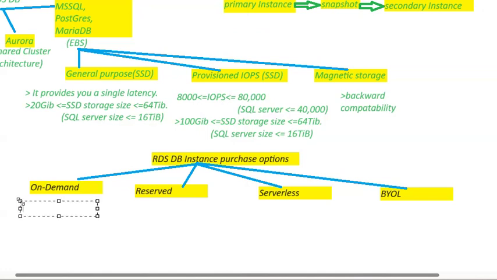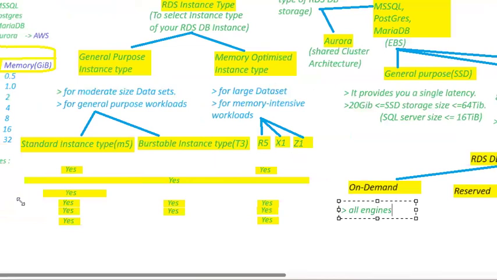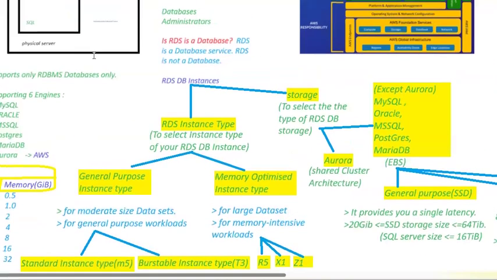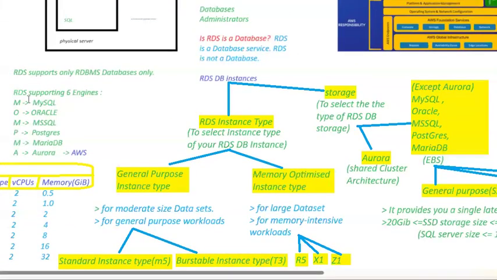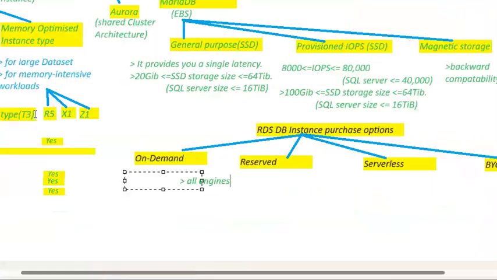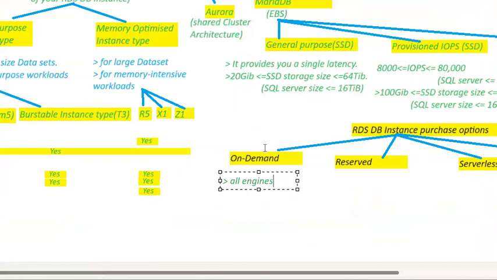For on-demand instances, you can use all engines. That means whatever the 6 engines that we have, for all those 6 engines we can create the instance type as on-demand. That means we can choose or purchase the instance option as on-demand.